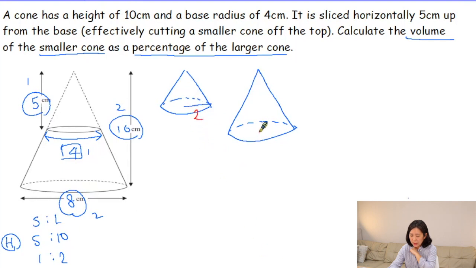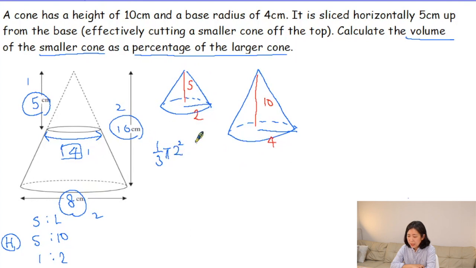So since the diameter of the big cone is 8, half of the diameter will be 4, and that is the diameter of the small cone. So now we come up with our radius, that's 2, right?